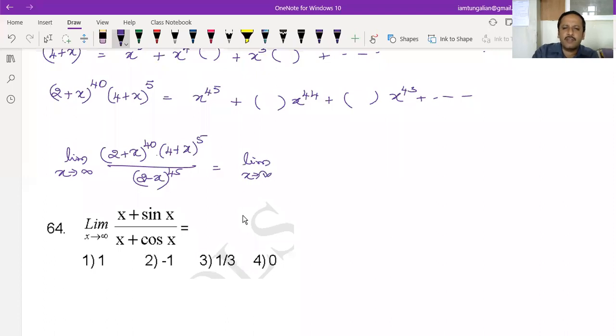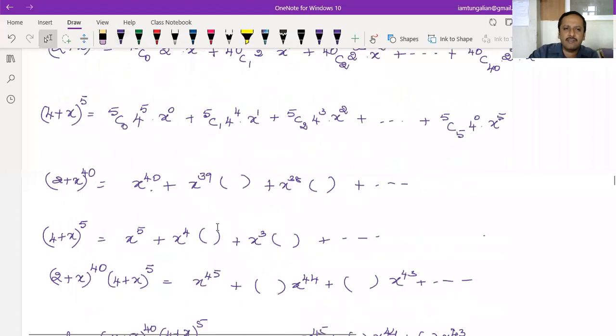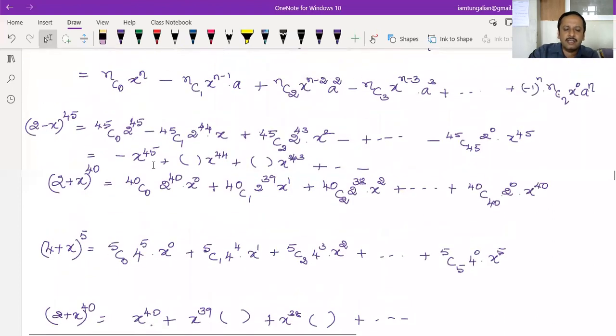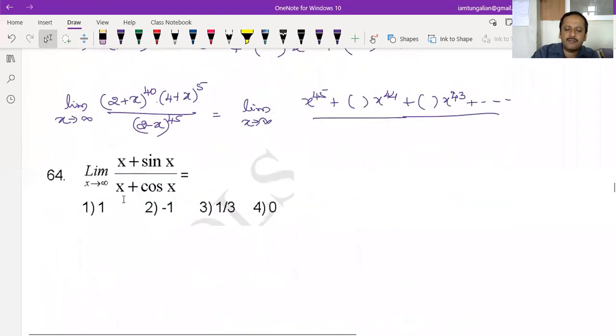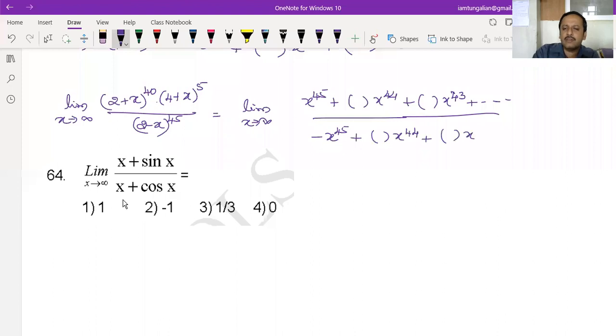In this product we have got x power 45 plus some number into x power 44 plus some other number into x power 43 and so on. Denominator, here we have got minus x power 45 plus some number into x power 44 plus some more number into x power 43 and so on.